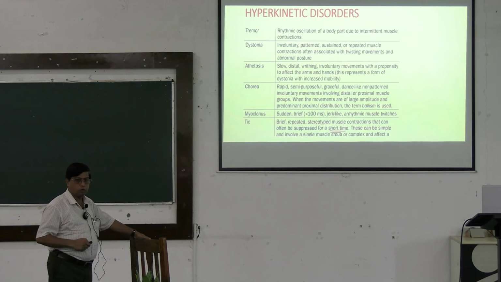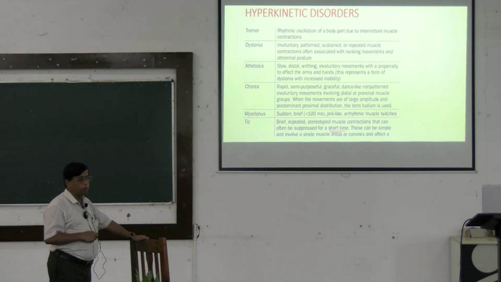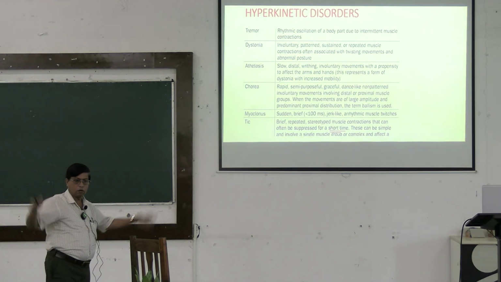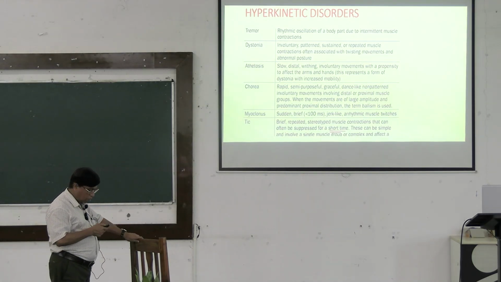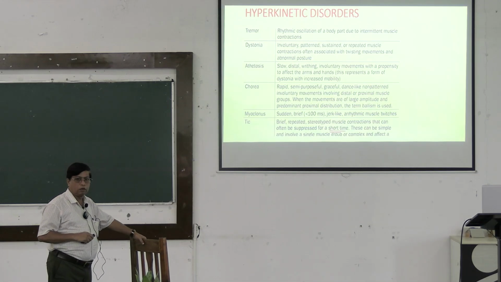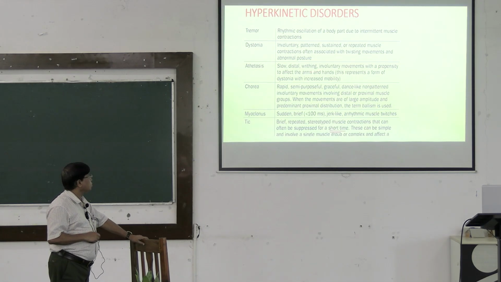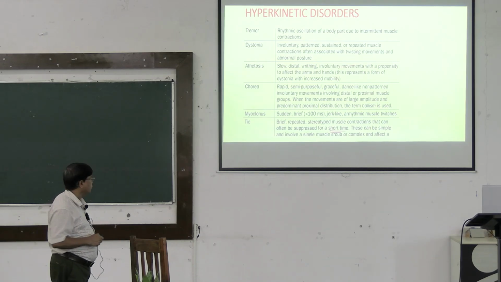Athetosis is also that type of movement, but it is much slower. You can compare it with a classical Indian dance, slow like this, not like this. So chorea is more like a dance by Michael Jackson, and athetosis is more like a classical Indian dance.